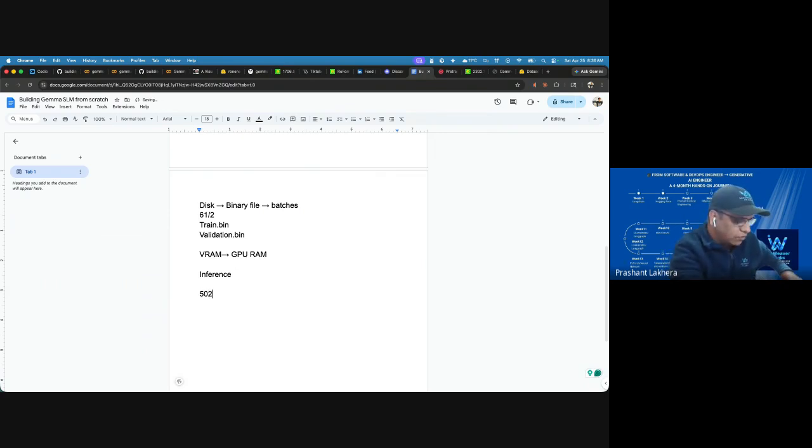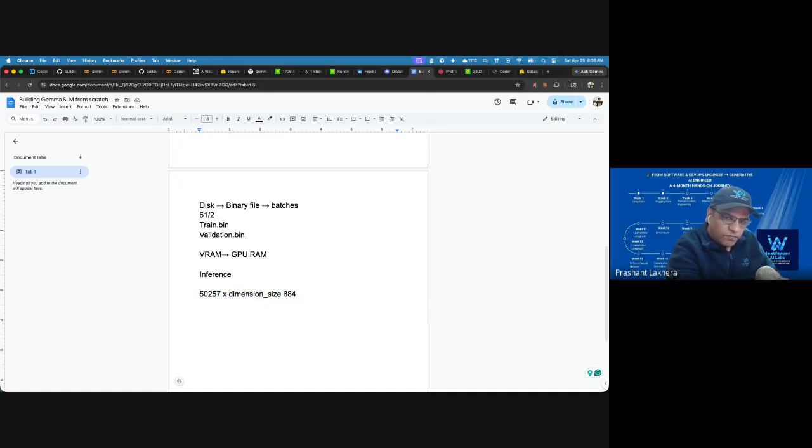If this is my vocabulary size, it is going to be multiplied by the dimension size, and that much VRAM is going to be occupied in my memory. Let's say this is 384, so this much VRAM is going to be utilized.